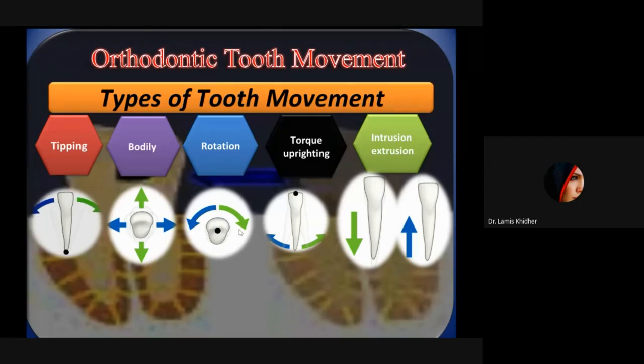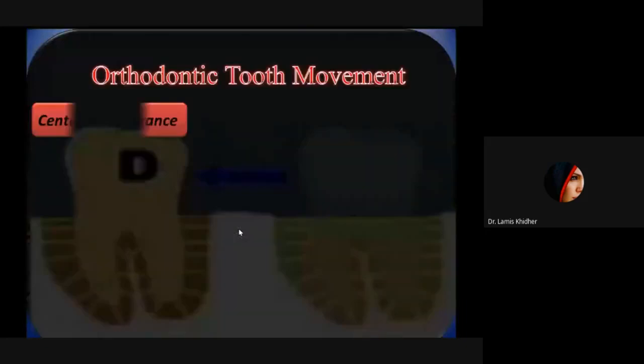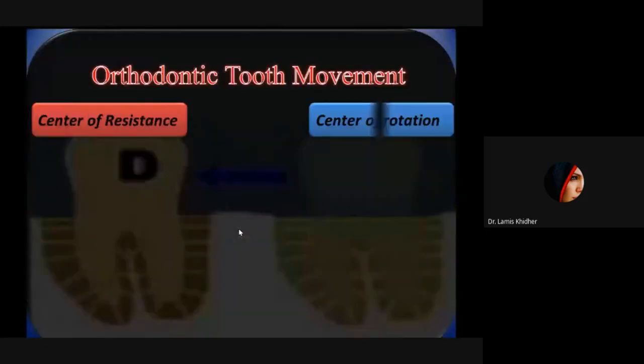Each one has a characteristic feature, and each one needs a certain amount of force to induce it. We will discuss that later. But before I talk about orthodontic tooth movement and its types, I should explain 2 important terms I need you to understand how orthodontic tooth movement occurs.